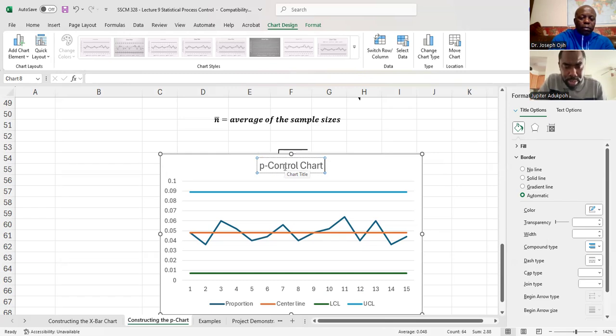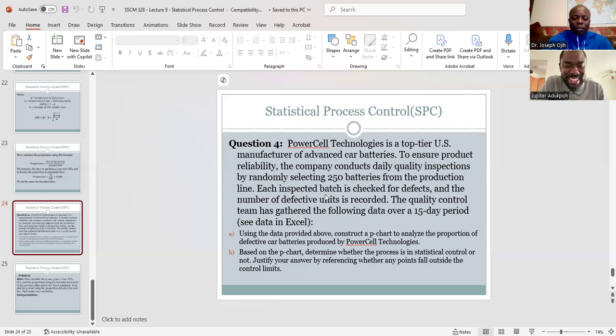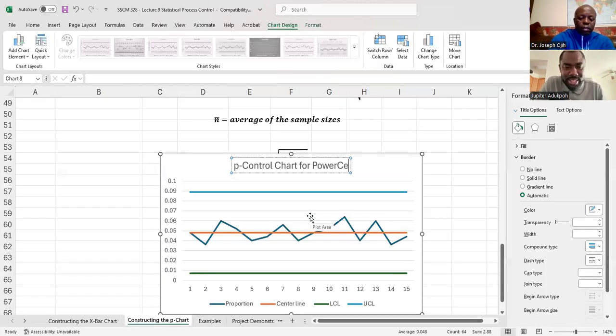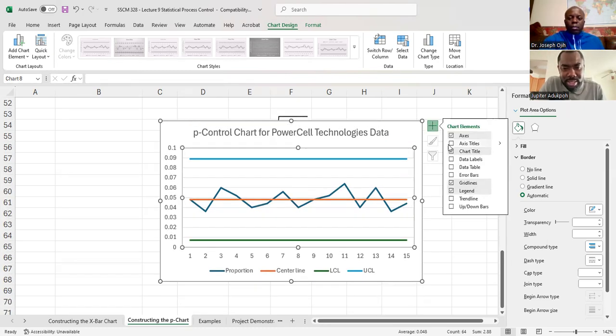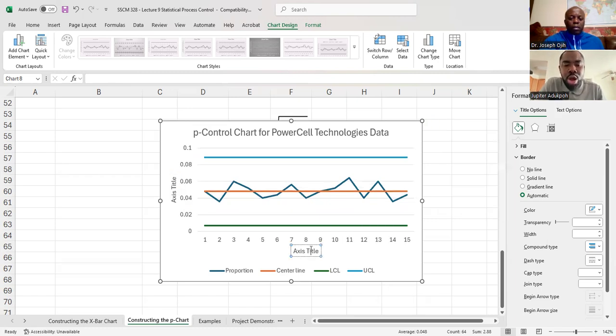The company's name is PowerCell Technologies. For PowerCell Technologies data. Now you can add the axis titles. This is the number of days. Day of observation.